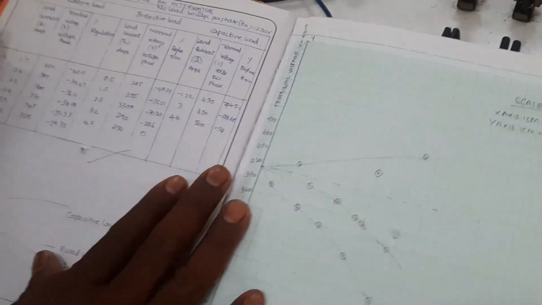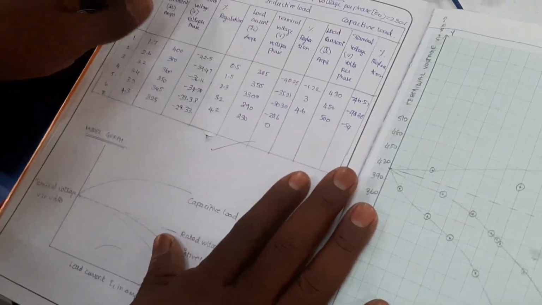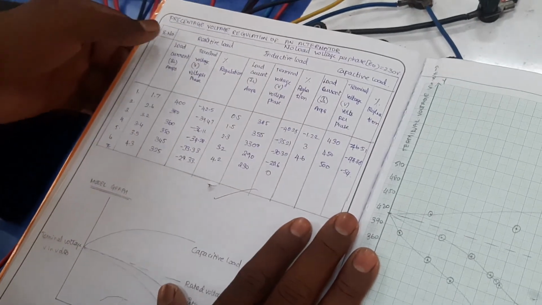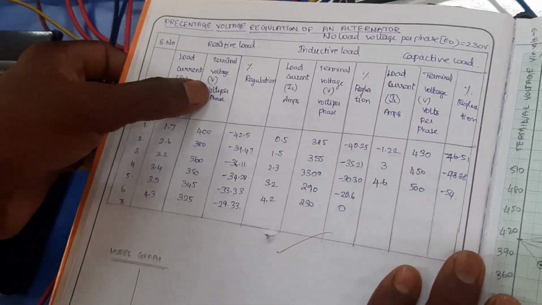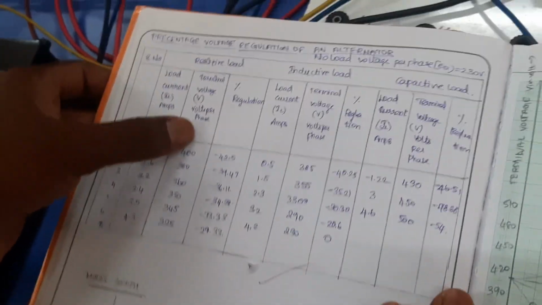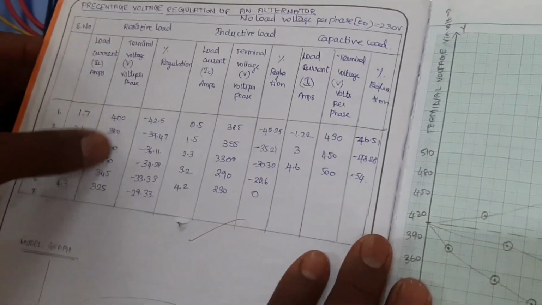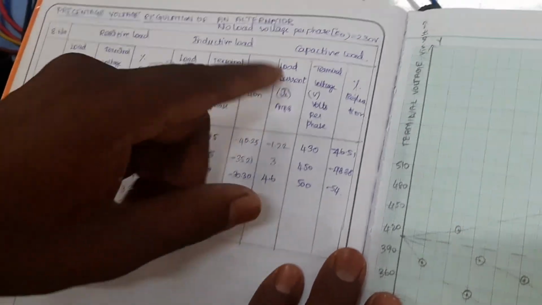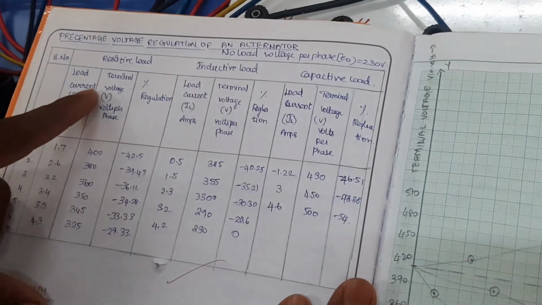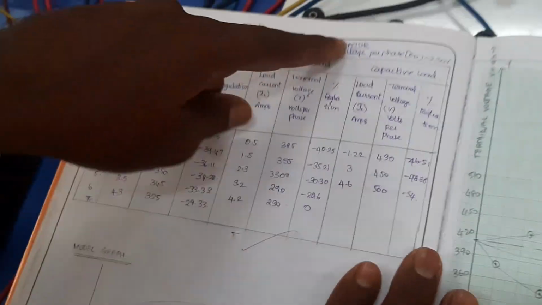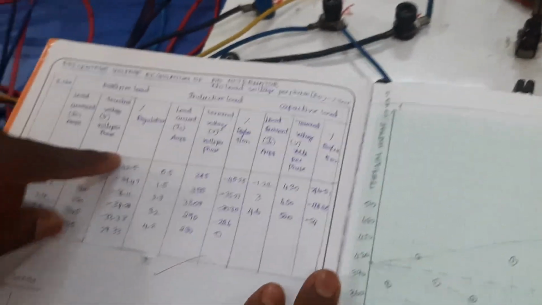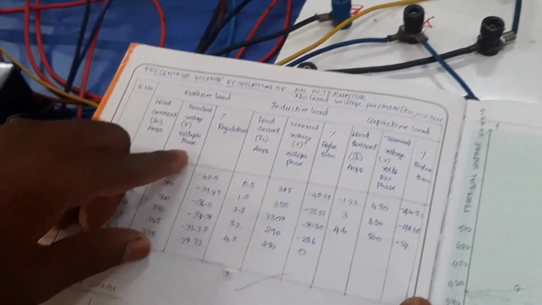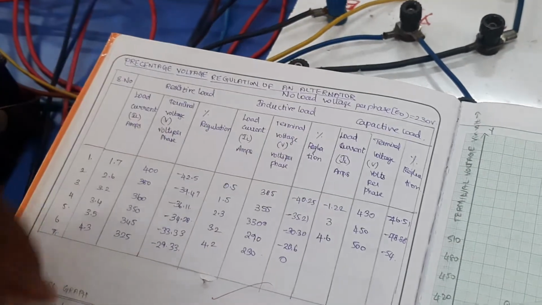Here we use three types of load: resistive, inductive and capacitive. For each load you measure the loading current and terminal voltage. We know the no load voltage and the loaded voltage, and the difference between these two gives the regulation for the particular load. The same procedure is repeated for the inductive load and capacitive load.